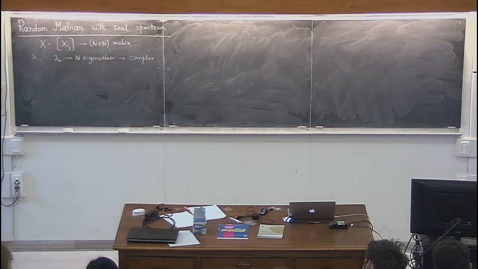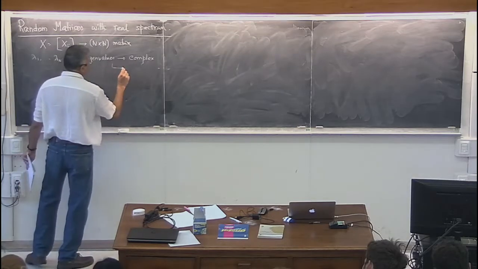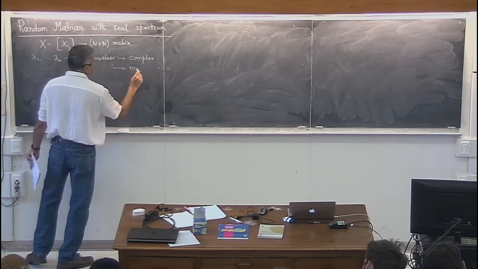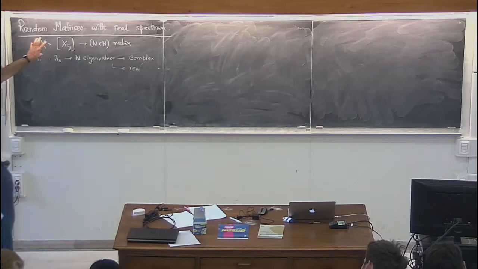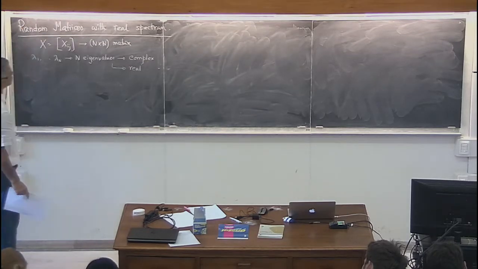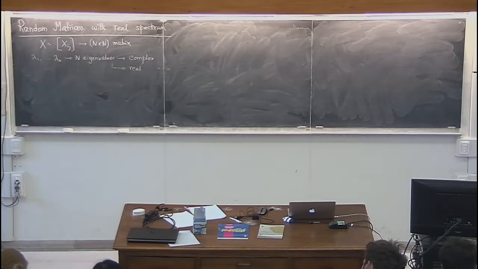People have been studying complex eigenvalues of random matrices quite extensively, but we'll focus mostly on eigenvalues that are real. Because you can think of this X as your Hamiltonian of some complex system, and in that case you'll always have real eigenvalues.